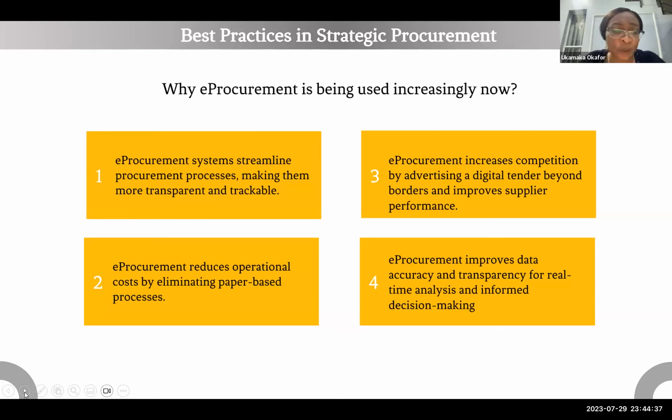E-procurement reduces operational costs by eliminating paper-based processes. It's not only paper-based processes, it also reduces human resource operational costs. So when you have e-procurement, you have less human resource working on the system and the cost is reduced. It also increases competition by advertising digital tenders beyond borders and improves supplier performance.